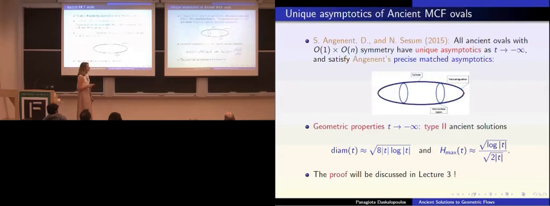Okay, so now, jointly with Sigurd Angenent and Natasa Sesum in 2015, we actually showed that all alpha non-collapsed compact ancient solutions of the mean curvature flow with O(1) cross O(1) symmetry satisfy this formal asymptotics.